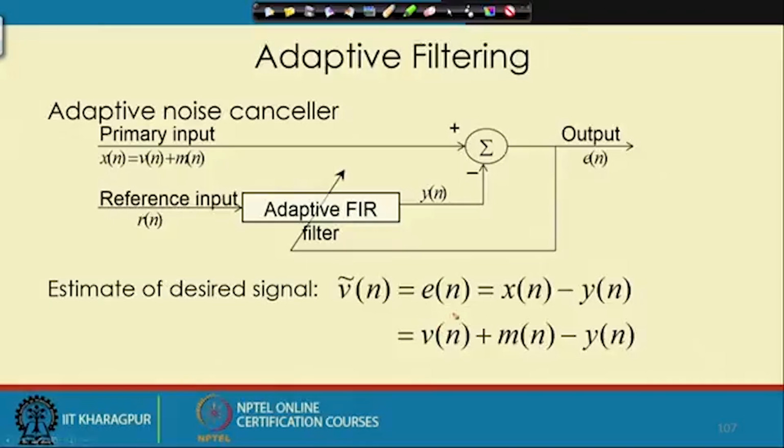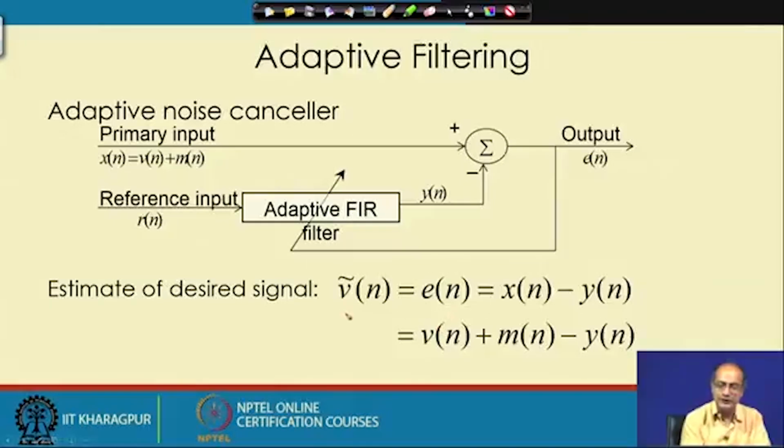Now, this error we can name as v tilde[n], because we expect that it would be close to our signal of interest v[n], and if we actually replace x[n] with v[n] plus m[n], we can write it in that way also.